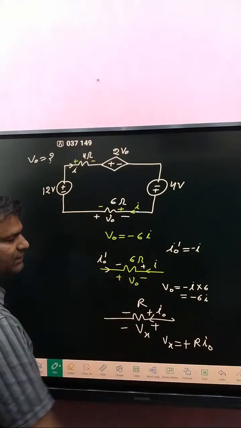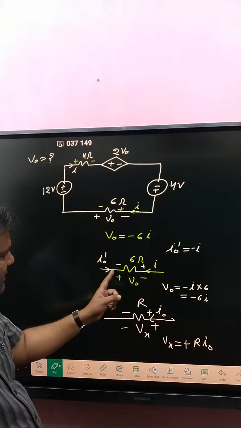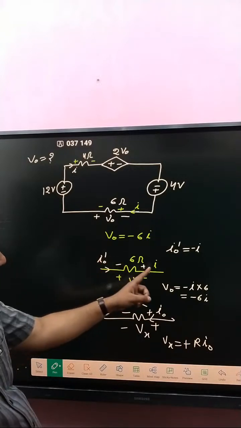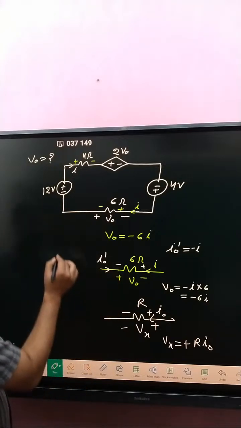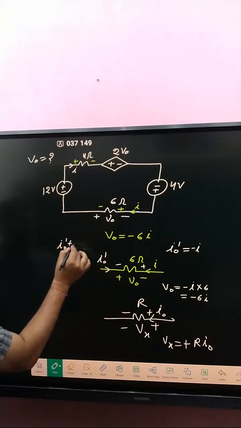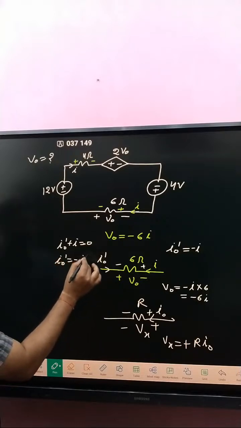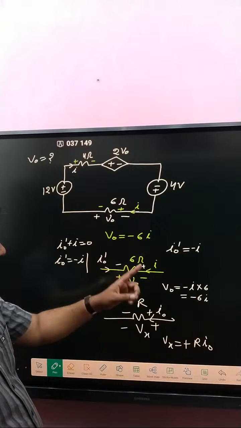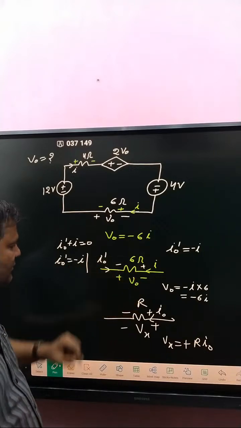Both currents are opposite because of applying KCL. The sum of these two currents, I0 dash plus I, is equal to 0. At any point, I0 dash plus I is equal to 0, so I0 dash is equal to minus I. Okay, minus I. Clear?